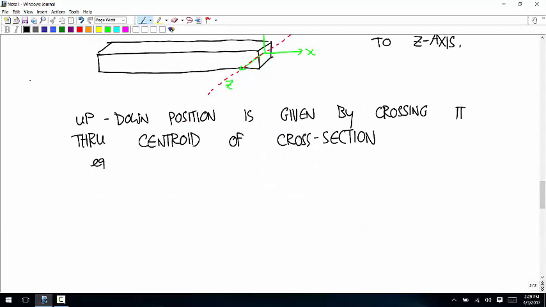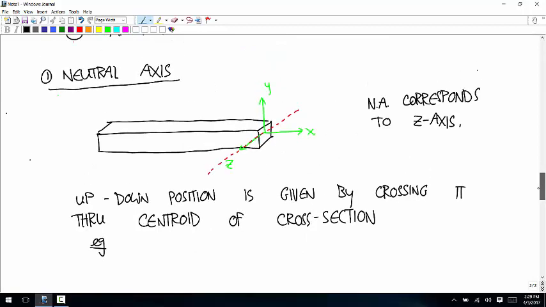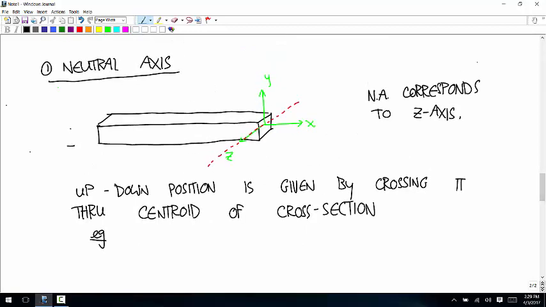So for example, in this case, let me give some dimensions. Let's say that this height is 0.1 meters and this distance is 0.15 meters.